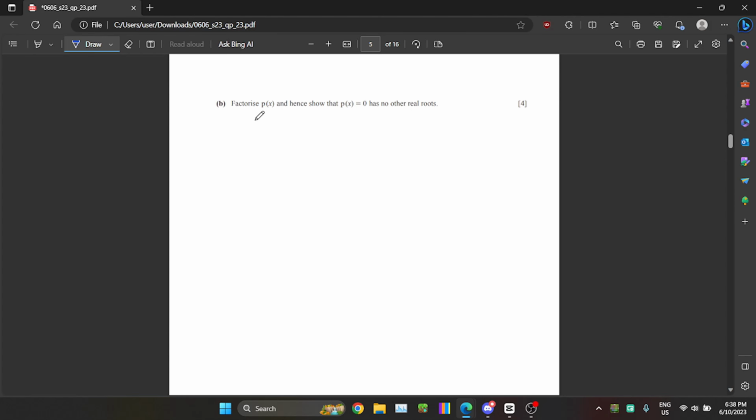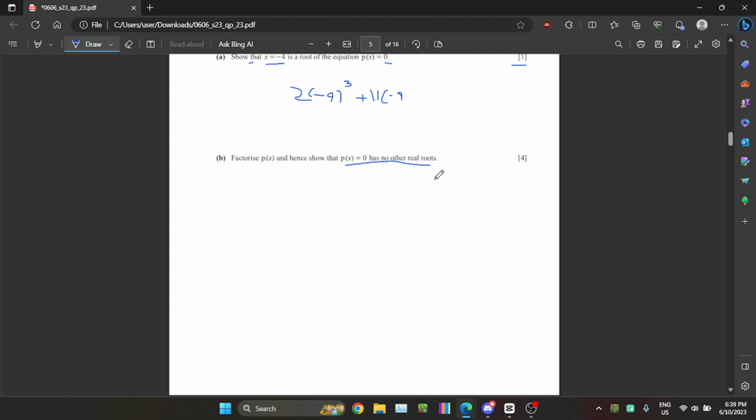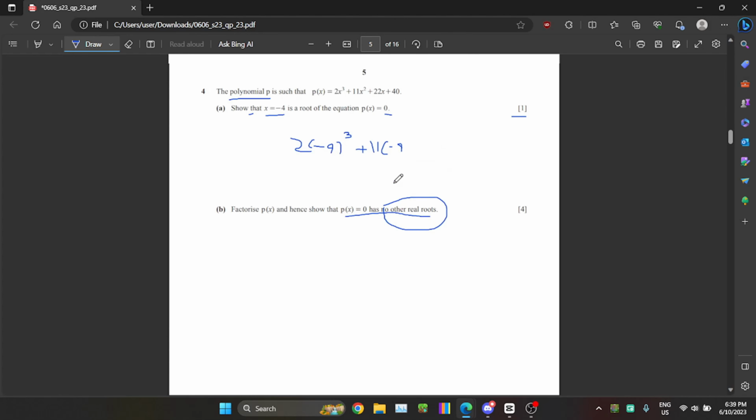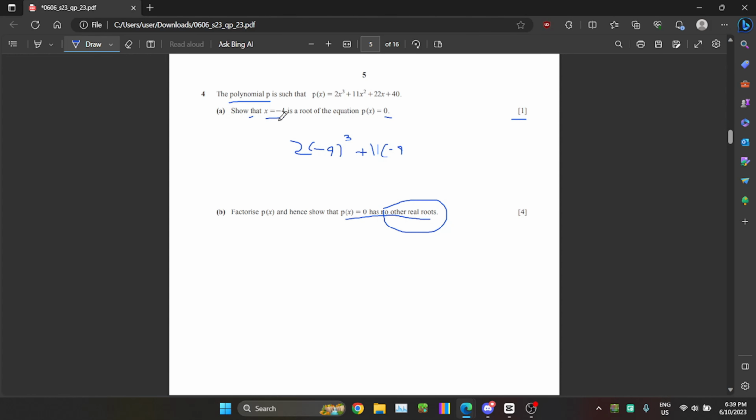Now factorize this and show that this has no other real roots. Oh, okay. So this is very tricky. When it says that there's no other real roots, that means it's implying that this x equals -4 is the only thing that can divide this, or it's the only root.